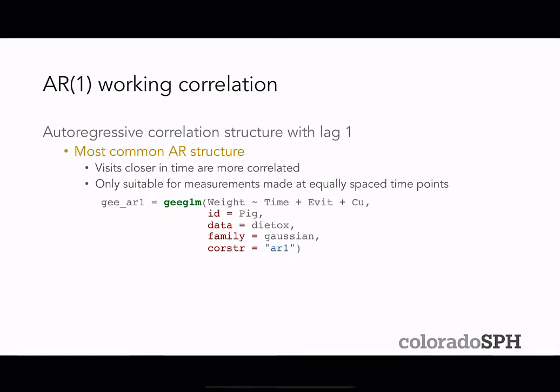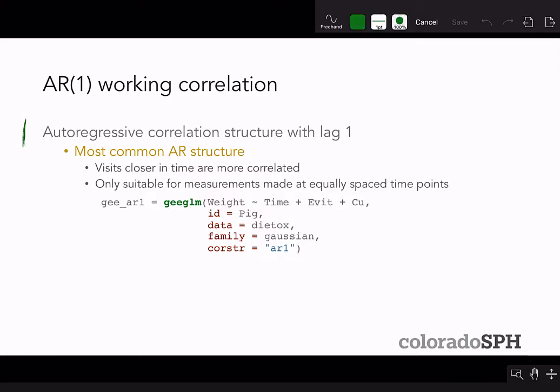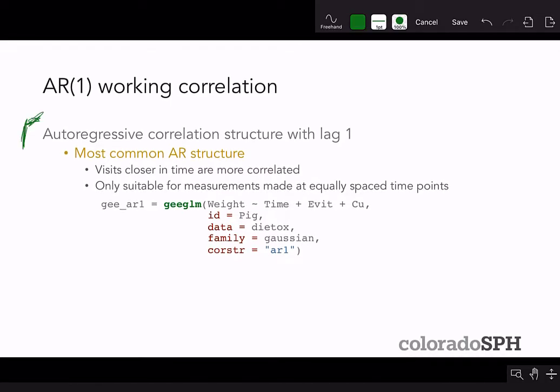And finally, I'm going to also look at an autoregressive working correlation structure. AR1 is the option for autoregressive that comes with the GEEGLM function, and that is an autoregressive correlation structure with lag 1, which is the most common AR structure. Visits close in time here will be more correlated.